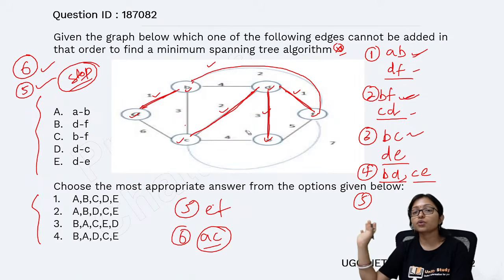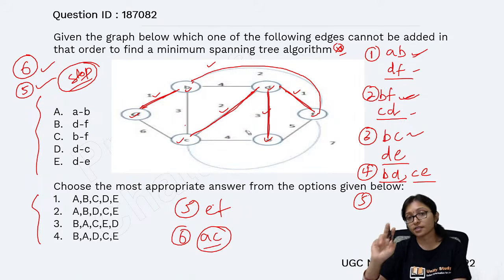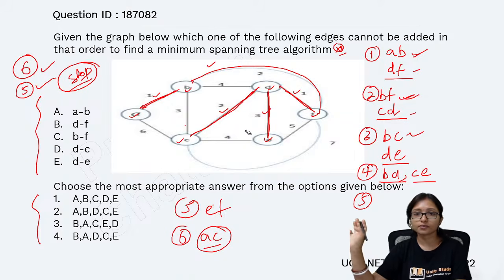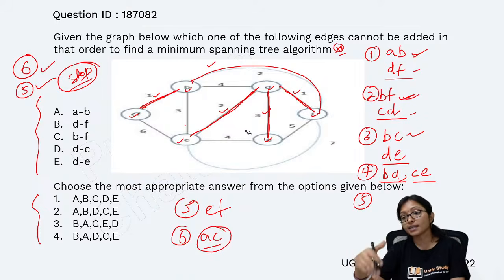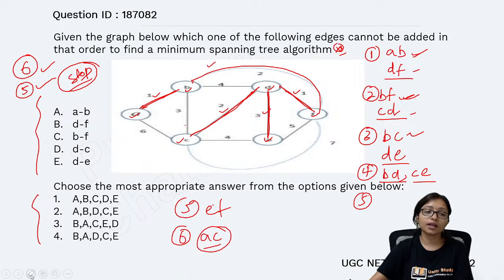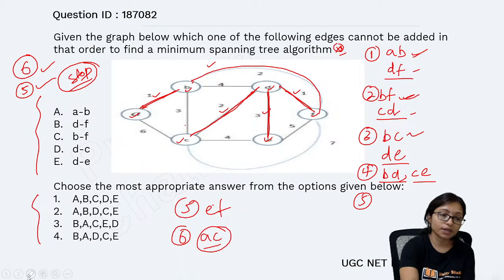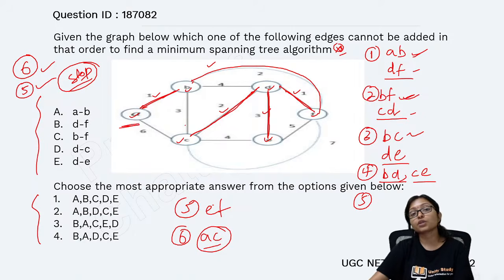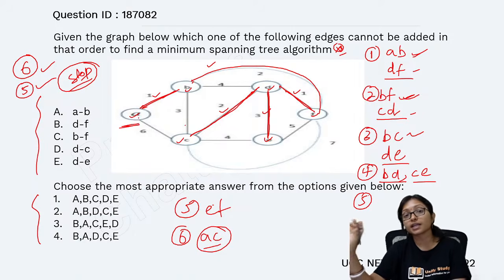In this way you need to do it according to Kruskal. According to Prim's, it is a different way. This is according to Kruskal. Prim's will go whenever you start with the first node, then after that you need to traverse according to the connected ones.